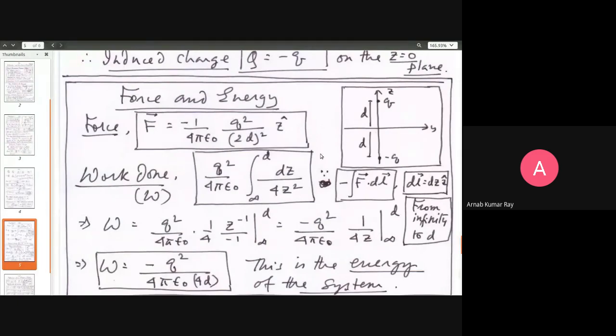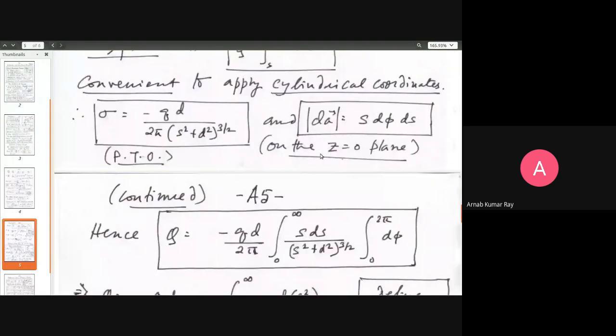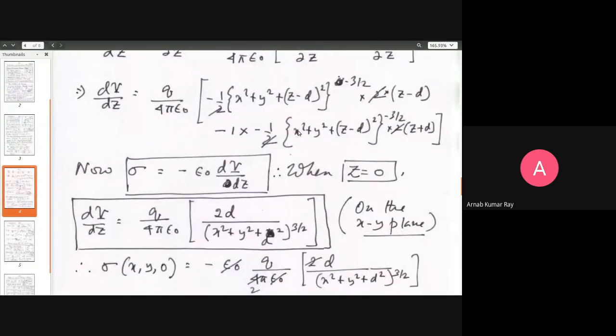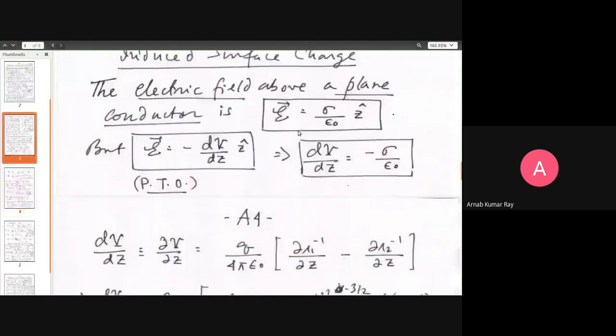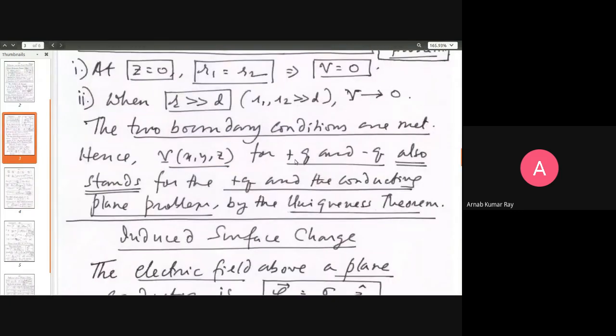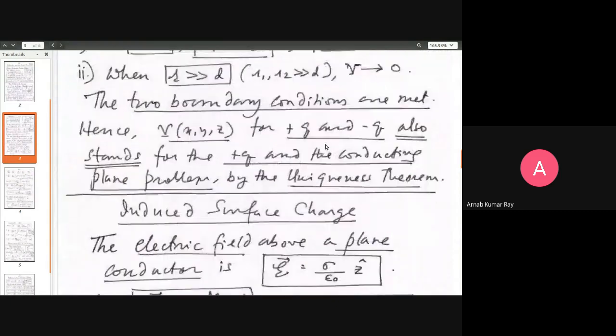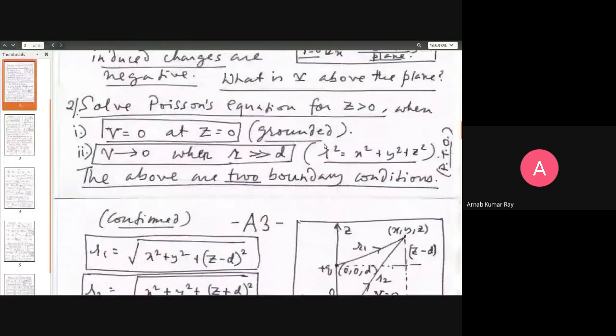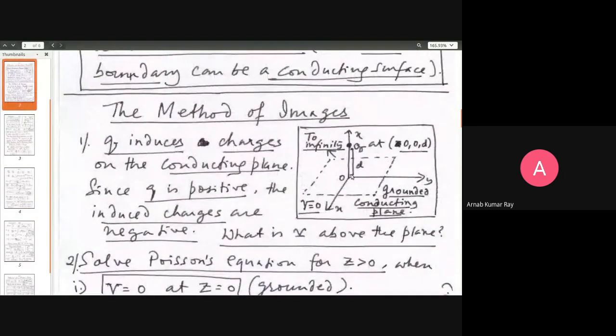And then we found out a whole lot of things. This was the case of solving something by the method of images. So that said, we now extend the discussion. That was the method of images, the simplest possible case of a point charge located above an infinitely extended conducting plane.